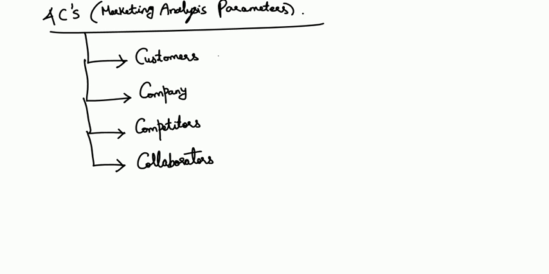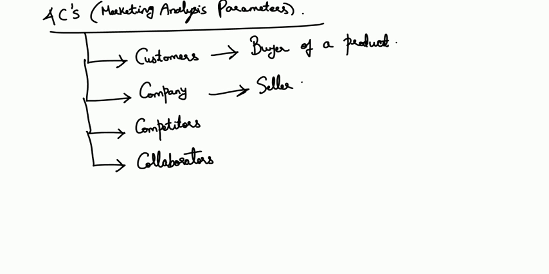Now, let us see something about these. Who are those customers? Customers, as we saw earlier, are the buyers of a product. The company is the seller of the product.